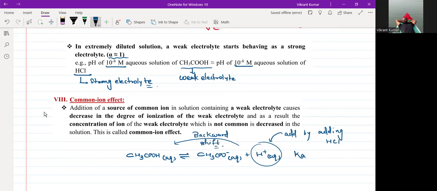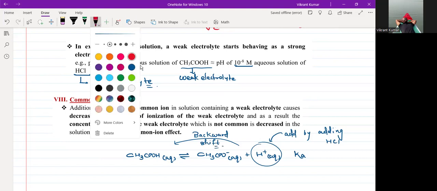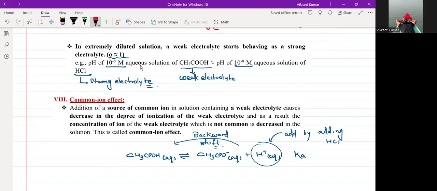So that's why we are saying that if I am adding source of a common ion in a solution containing a weak electrolyte, then we'll observe the decrease in degree of ionization of the weak electrolyte, and as a result concentration of ion which is not common. ये तो मैंने ऐड भी नहीं किया है, तो अब बैकवर्ड शिफ्ट हो रहा है तो डेफिनेटली इसका कंसंट्रेशन तो कम होने लगेगा ना.